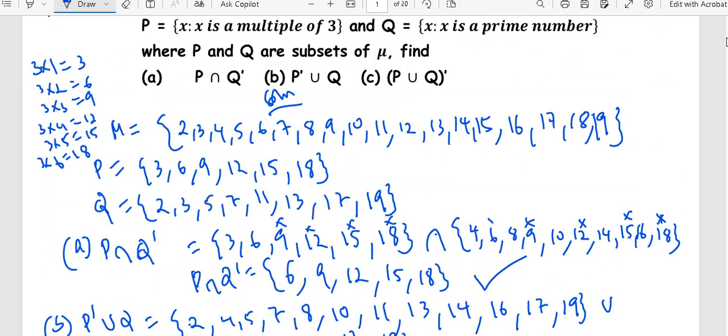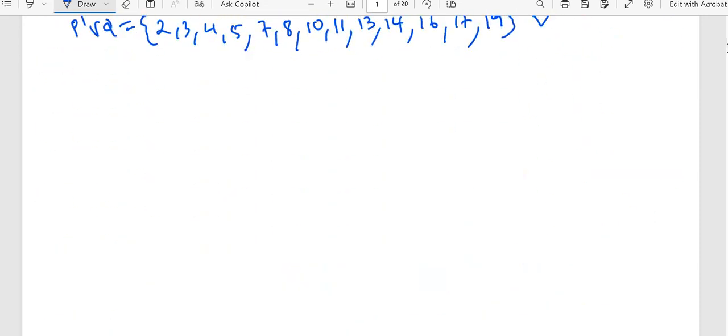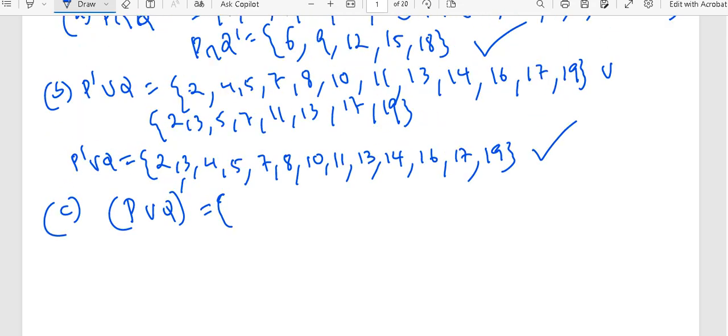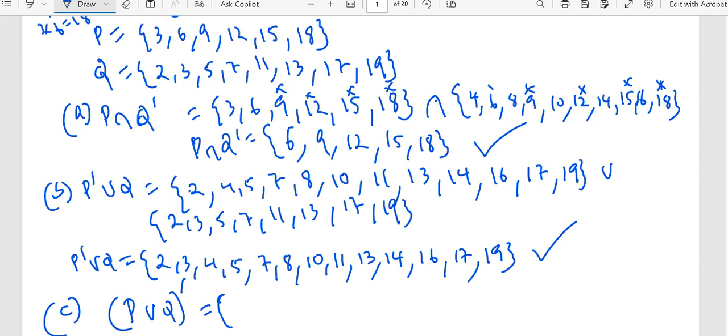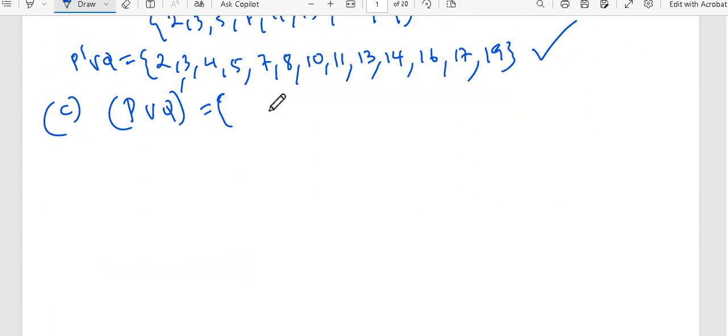Then for question C, it says P union Q prime. Let's first list out P union Q. P is 3, 6, 9, 12, 15, and 18.